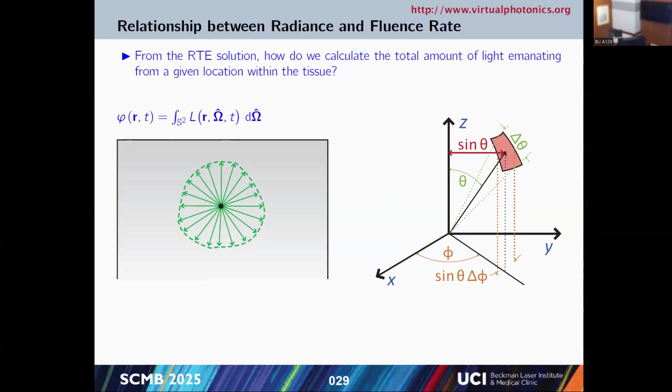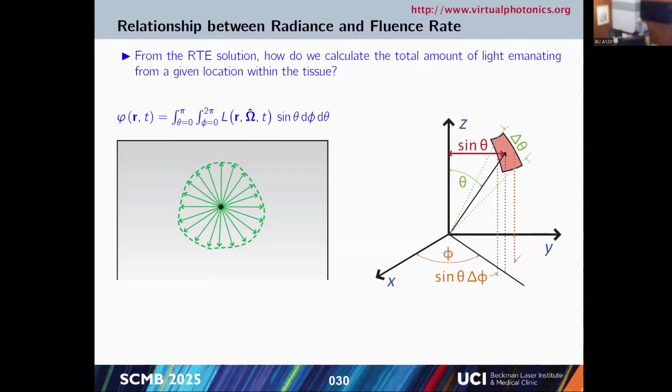So this path is given by sine theta d phi, and then this arc is just given by d theta. So what you integrate is sine theta d phi d theta.